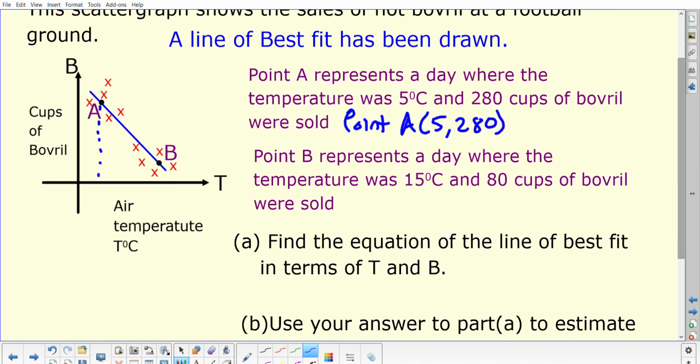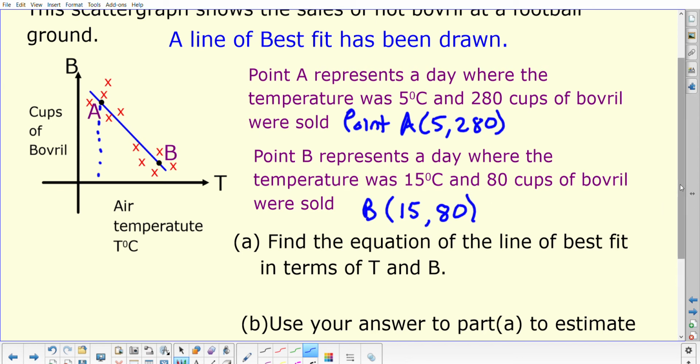Your point B, the temperature was 15 degrees, so that would give you the T coordinate, which is the first one, like your X coordinate, and then your Y coordinate, if you like, is the 80. So that's your two pieces of information.